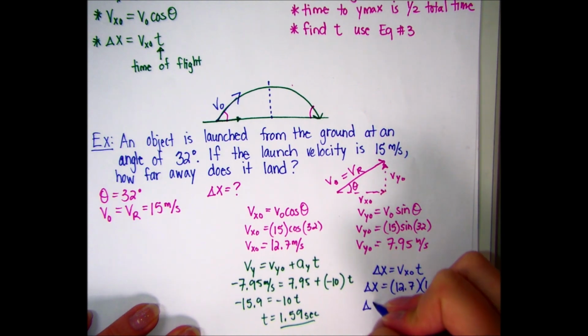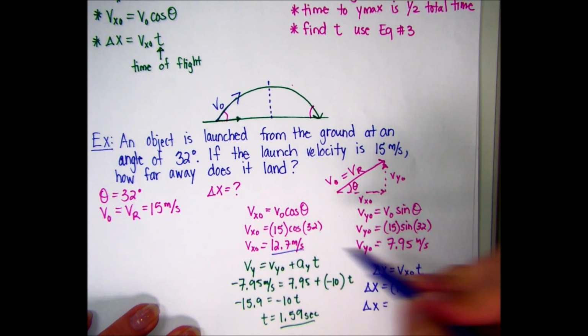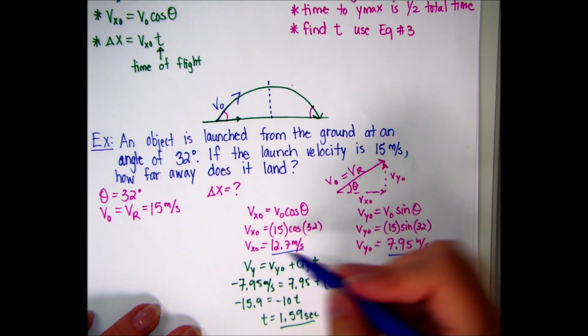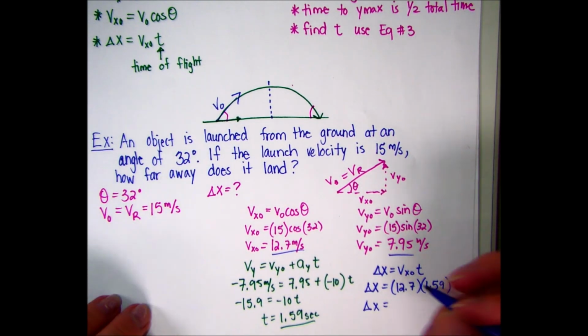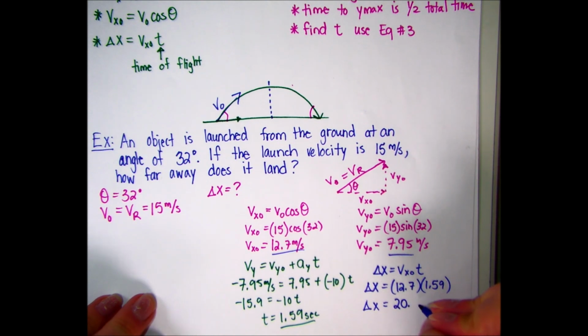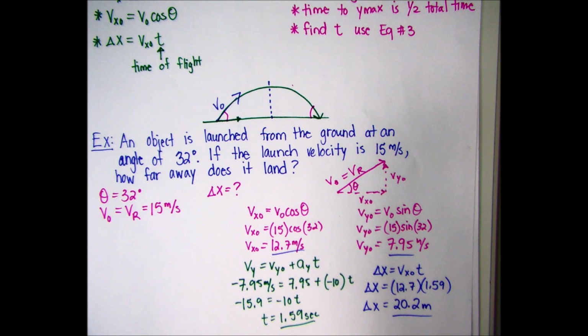Look at the ones that you solved for and check to make sure you label everything. Don't forget to label. You cannot mix and match x and y direction. That is no good. So there you have it. You have solved for how far away it lands, the range of the projectile.